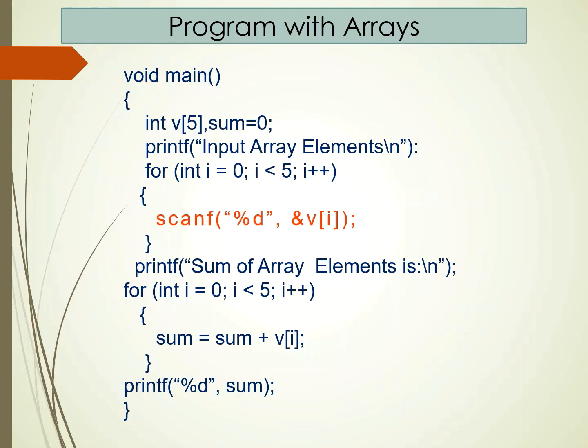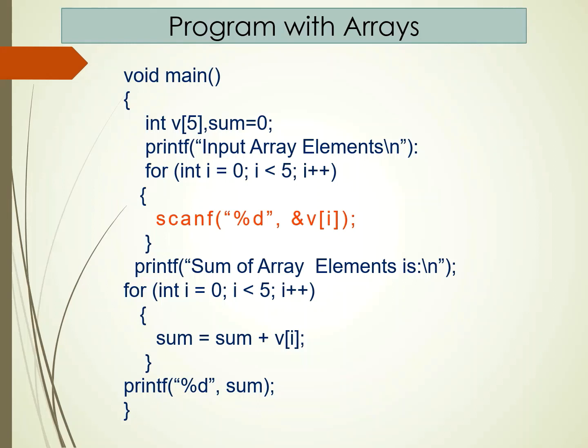So the program goes like this: void main, int v[5], sum equal to 0, printf input array elements, then comes the for loop, for int I equal to 0, I less than 5, I plus plus, and within braces scanf %d, ampersand v of I. So once again, v of I is the general notation, and every time the I value changes, the exact location will be pointed to, and the value given as input will be taken and placed in the corresponding memory location.